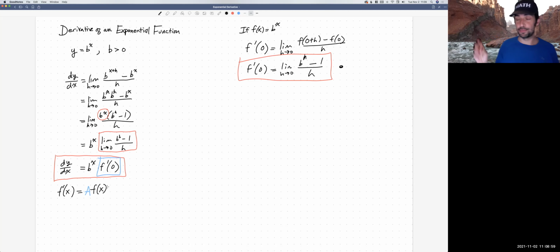Every little microbe splits in half, and we get 20 per hour, and then 40 per hour, and then 80 per hour. So each time we get a new value of the function, in this case the population, the rate of change is proportional to that, okay? So this is a neat feature about this function, that its derivative is related to itself in such a clear way, okay?